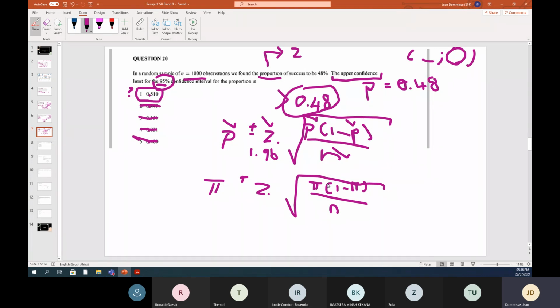Okay, so again, a tip for you to say, well, if that is my proportion, because I have the 1.96, it needs to be bigger. Even if this is equal to 1, it needs to be bigger. This can't be negative. You can't square root a negative, and it can't be 0 because your n, or the proportion, can't be 0, because then that would have been 0 as well.